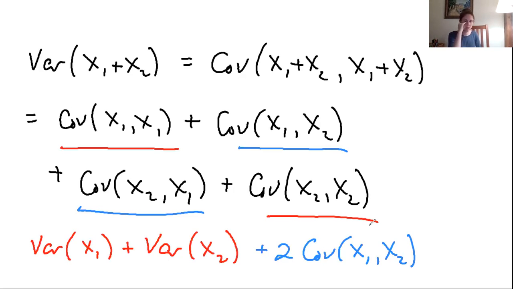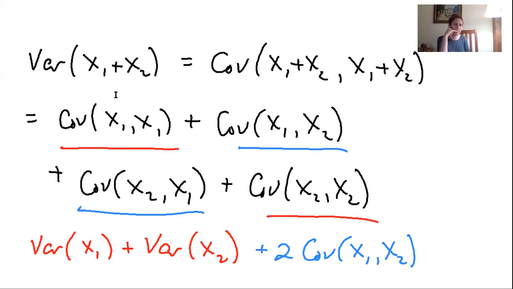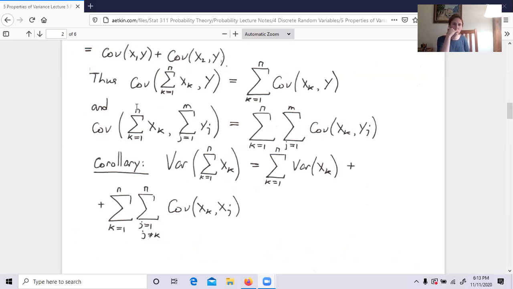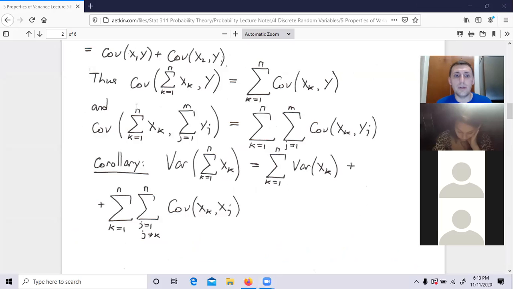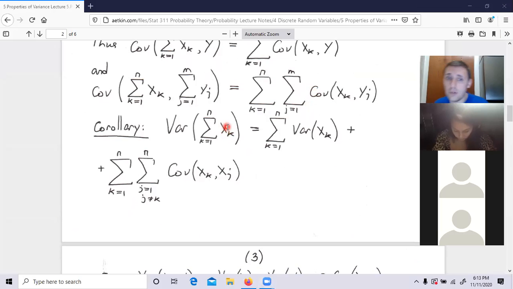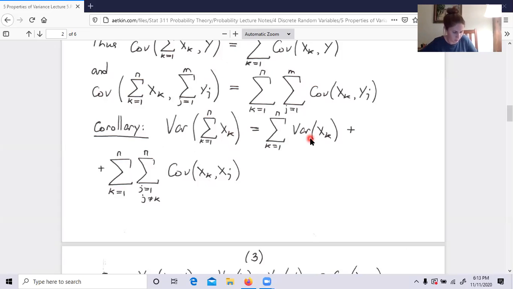So what you have is that variance of n of them, I can group together the encounter of each xk against itself. So it will be the sum of the variances, but plus what? Plus all the other combinations, all the other meetings, where xk meets xj.